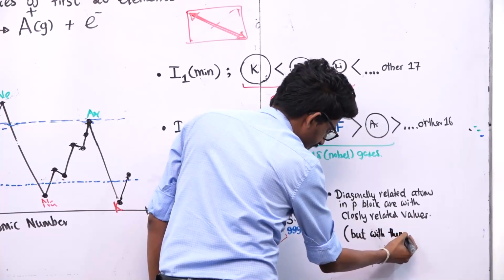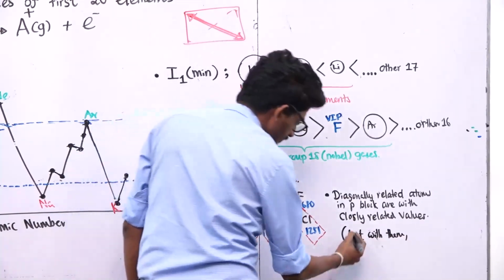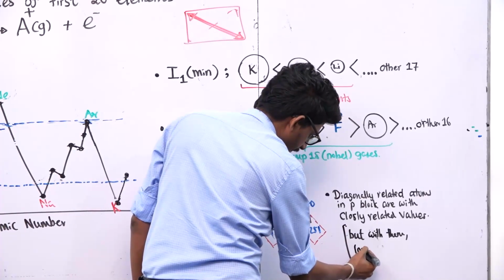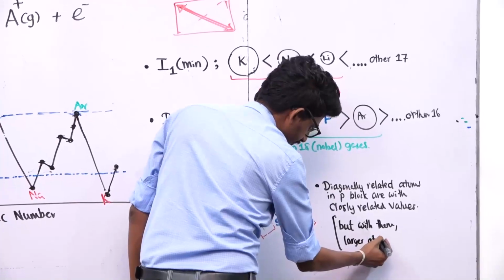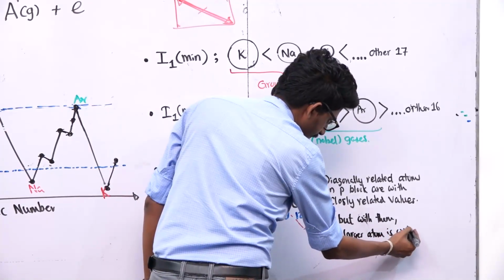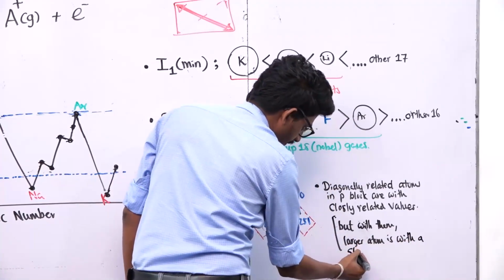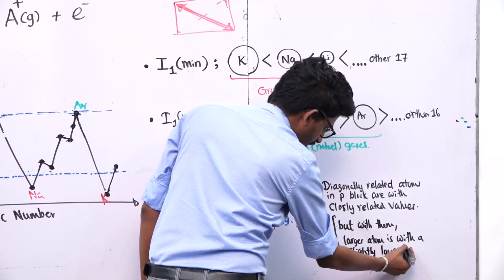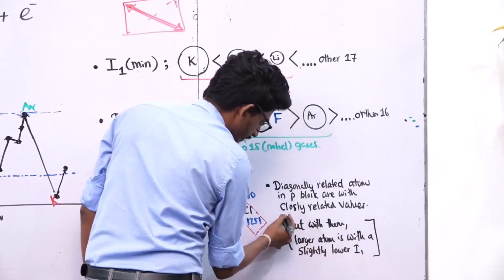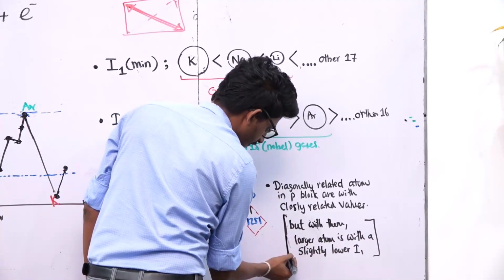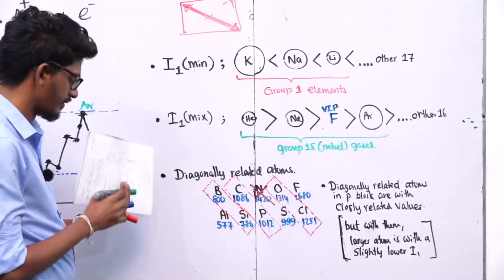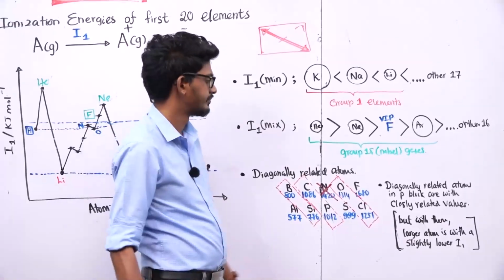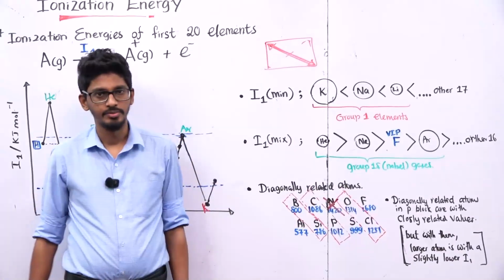More precisely, the large atom is with a slightly lower I1. So these things should be known to answer this kind of question. That is the diagonal relationship.